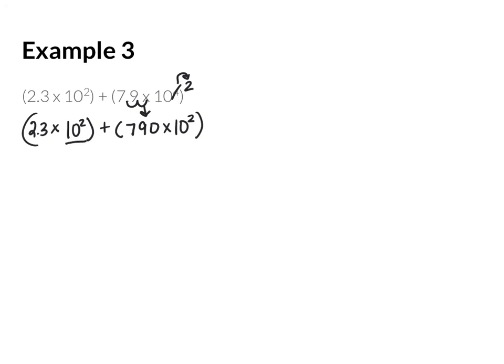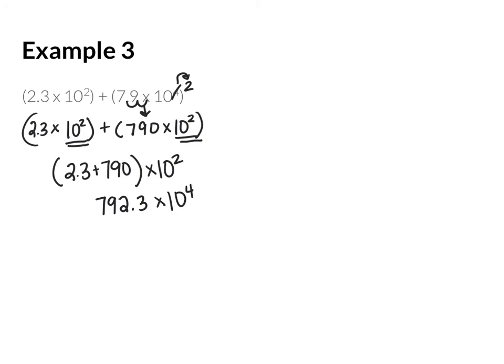Now that I have those common powers of 10, I can factor that out to 10 to the 2nd and add the 2 3/10 with the 790. That gives me 792 3/10 times 10 to the 2nd. And since I need to move my decimal twice more to the left, I convert that power to 4, giving me 7 923 thousandths multiplied by 10 to the 4th as my final answer.